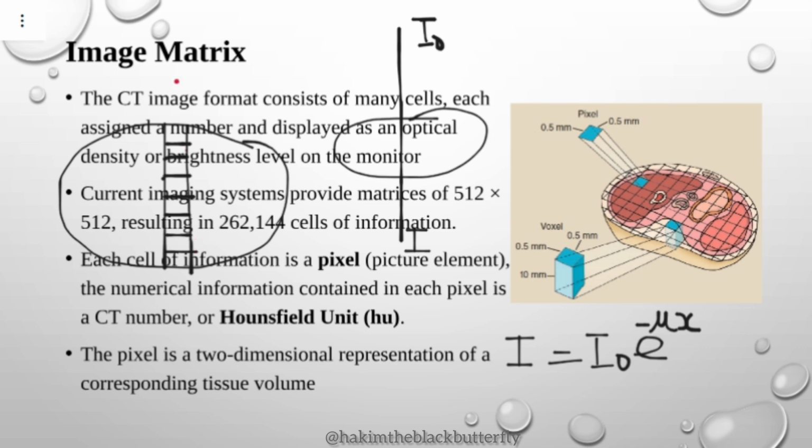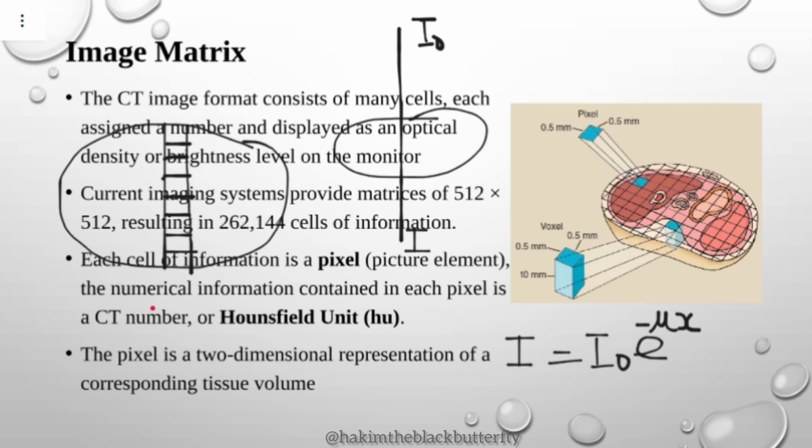What the system does is that where this ray of intensities is passing, it is going to divide that path into smaller pixels, because we have different structures all over this path. And these structures attenuate this beam differently.